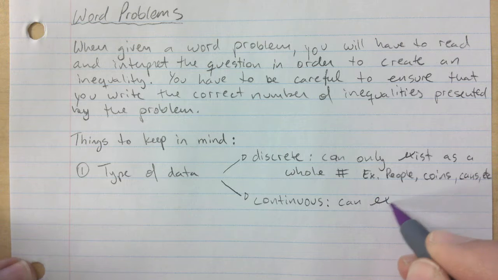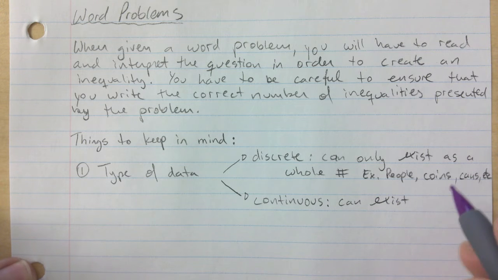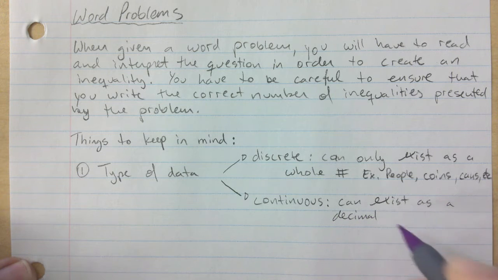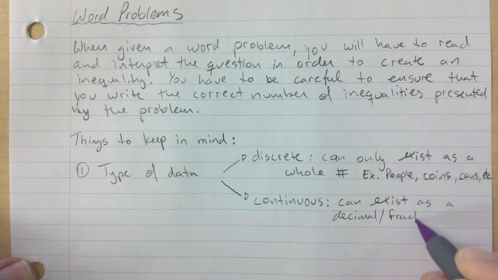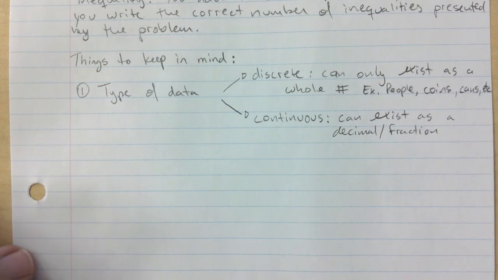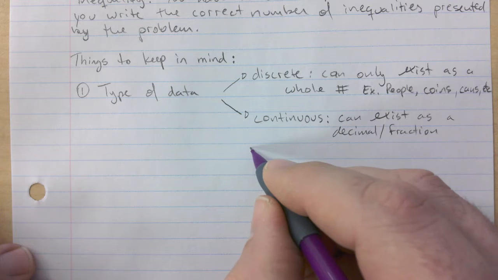Continuous can exist as a decimal or fraction. I call it continuous as anything you can measure, right?